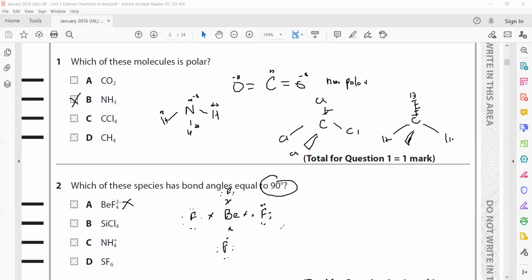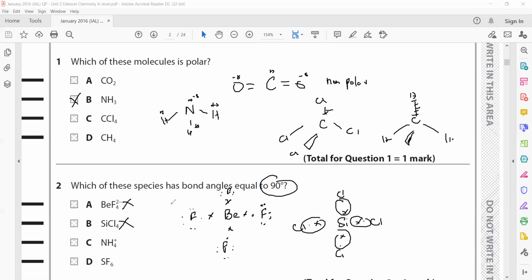Same thing, silicon tetrafluoride. When we draw the structure, silicon belongs to group 4, so it will have 4 electrons and bond by sharing 1 electron with each halogen. So the central atom has 4 bond pairs and no lone pair.